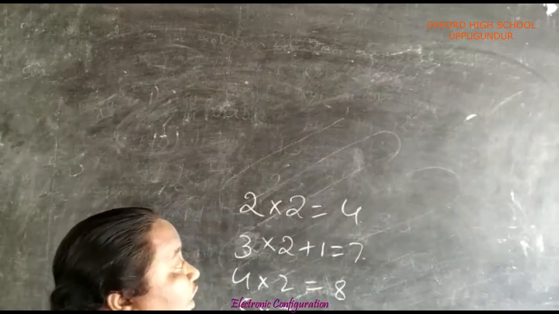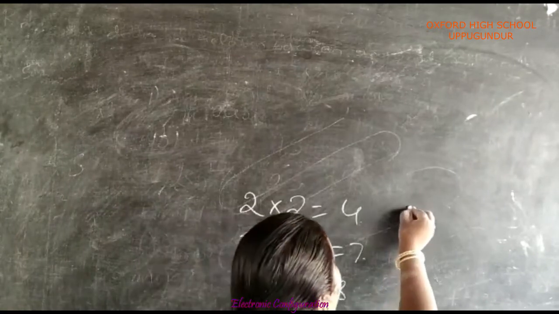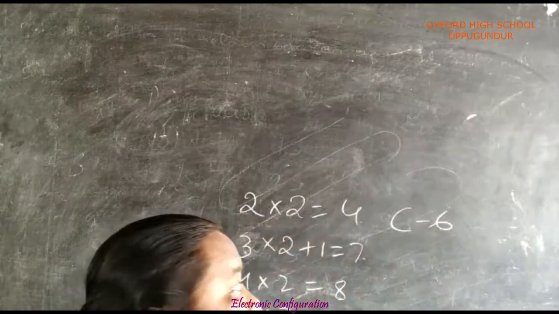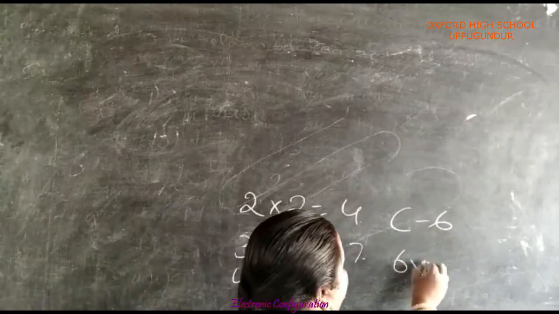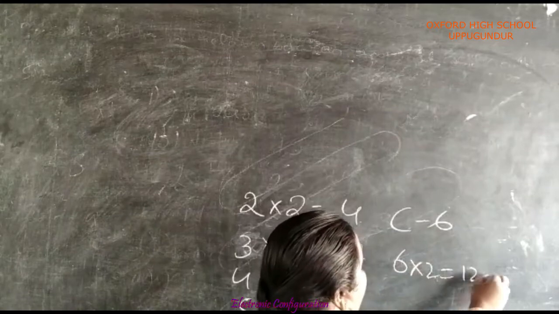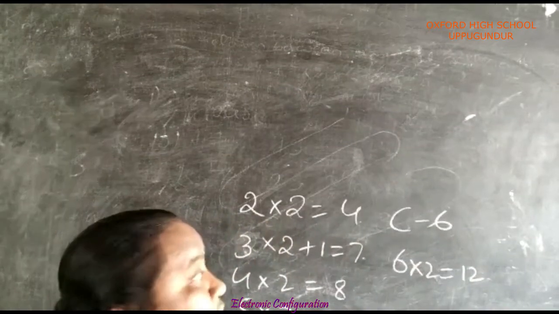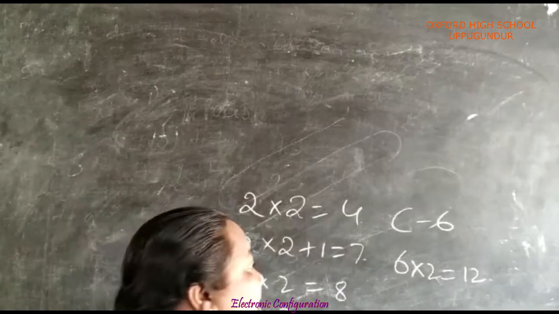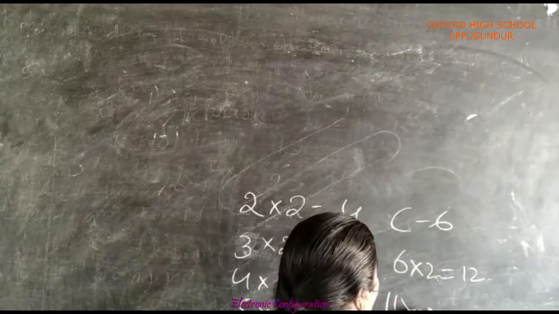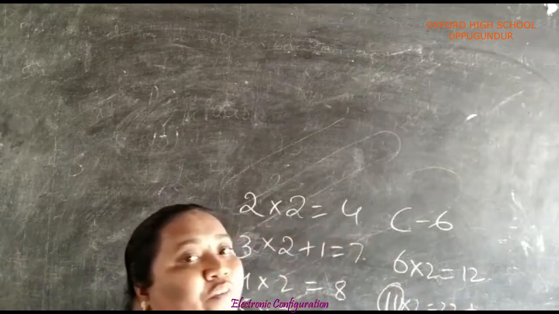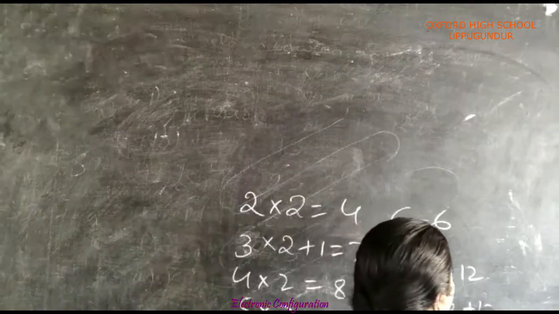For carbon, the atomic number is 6. How do we calculate the atomic weight? 6 into 2 is 12. The atomic weight is 12. For sodium, 11 into 2 is 22, plus 1 since 11 is an odd number, is 23.